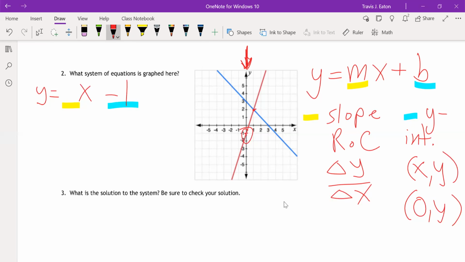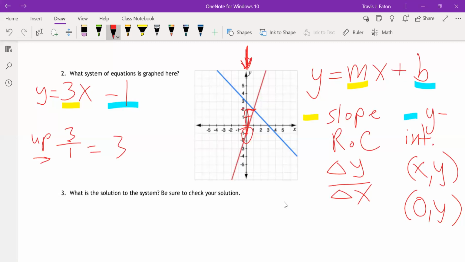Make our triangle, right? We're going to go up 1, 2, 3, and over 1. So our change in y goes up 3, and to the right 1, and 3 divided by 1 is just 3. So our slope is 3.